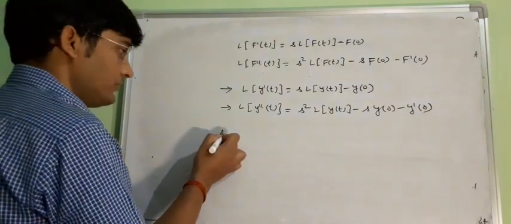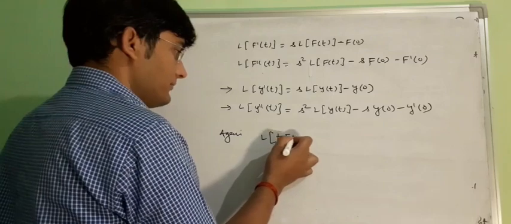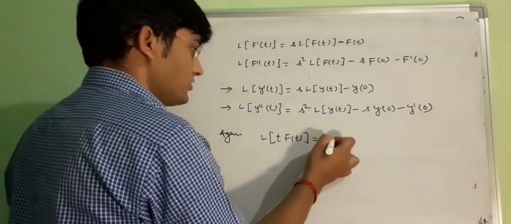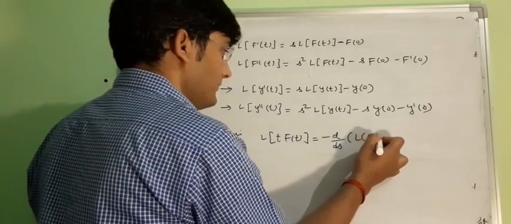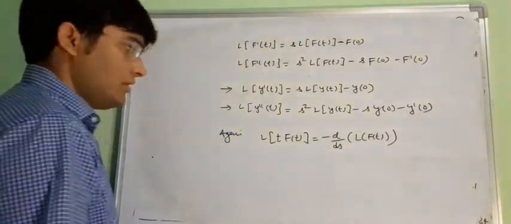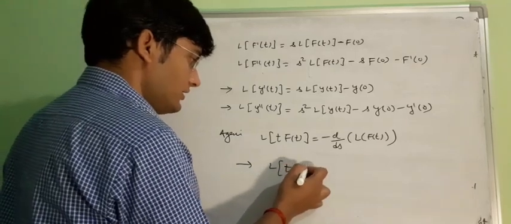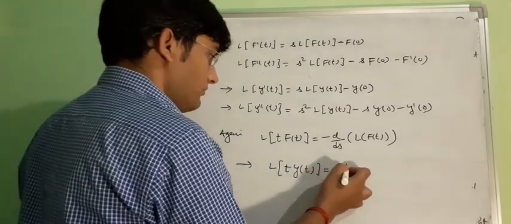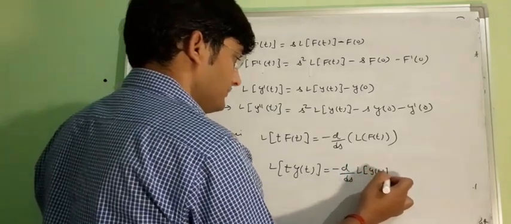Again, we have the formula of Laplace t f(t), which was minus d by ds of Laplace f(t). So using this formula, we have the Laplace of t into y(t) is equal to minus d by ds of Laplace y(t).